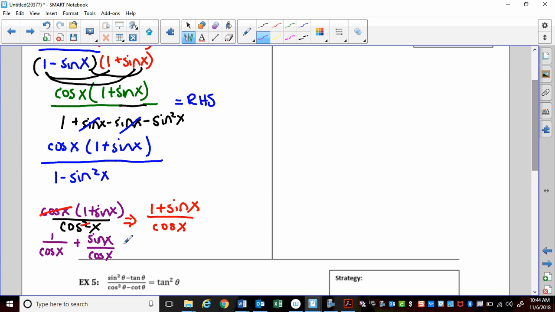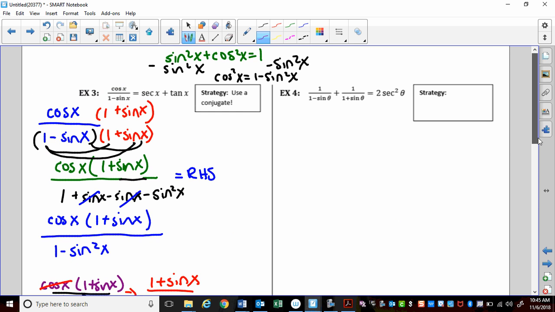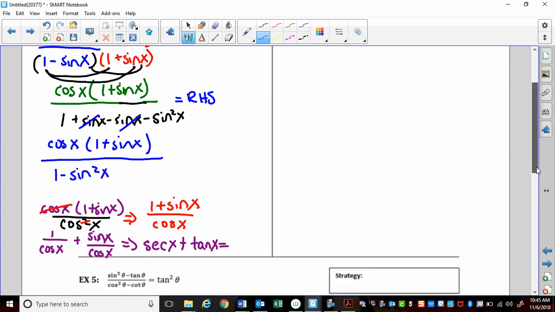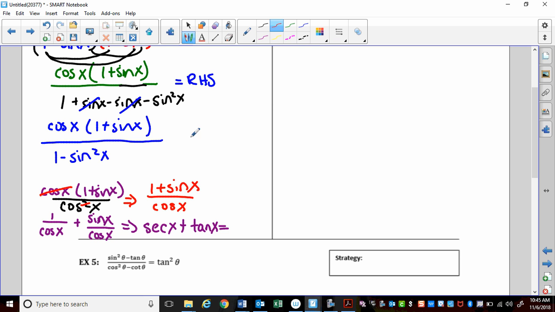Now, 1 over cosine is secant. Sine over cosine is tangent. Is that equal to the right-hand side? It sure is. Secant x plus tangent of x. We got it.